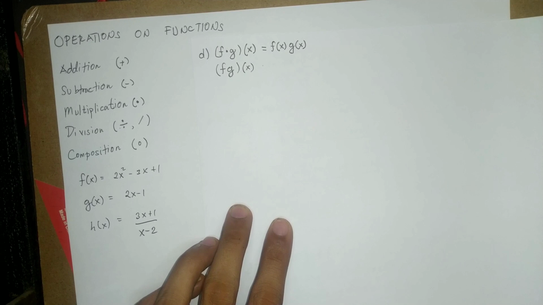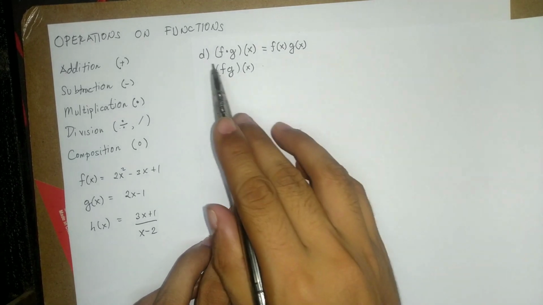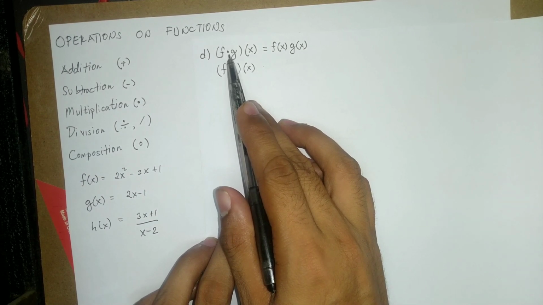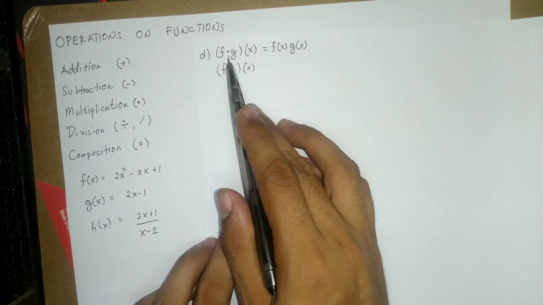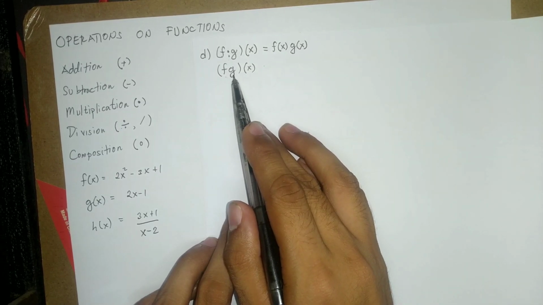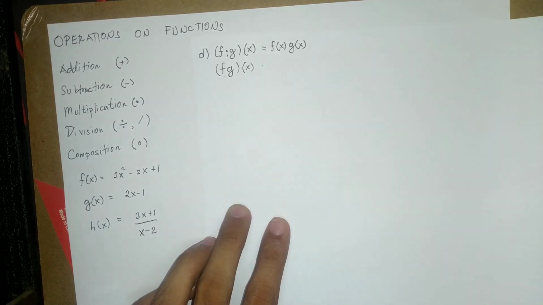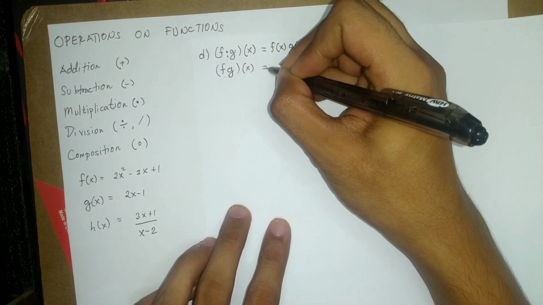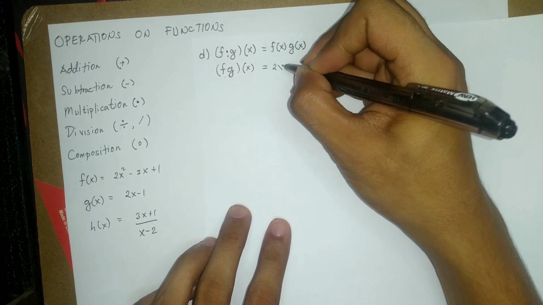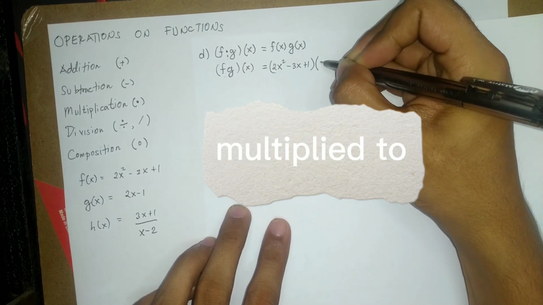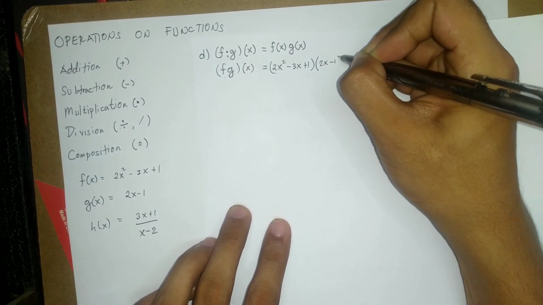Okay, how about we deal with multiplication? So we have here f times g. The commonly used symbols when we deal with multiplication is a shaded circle in between, not below, because that would denote a period. So it should be in between the letters, or simply this fg, 2 letters side by side, that would denote multiplication. So f of x times g of x, this gives us 2x squared minus 3x plus 1 times 2x minus 1.